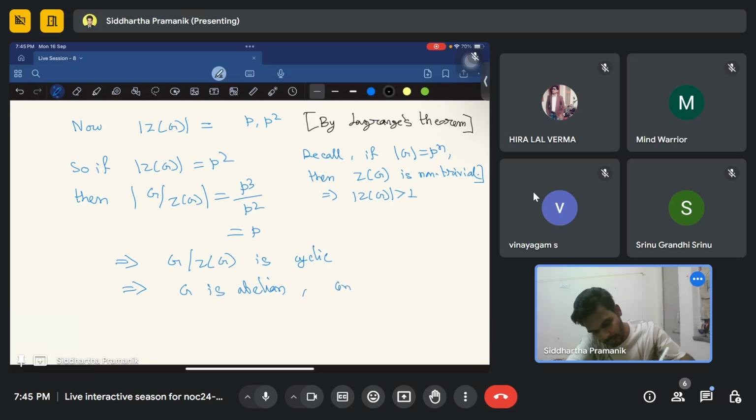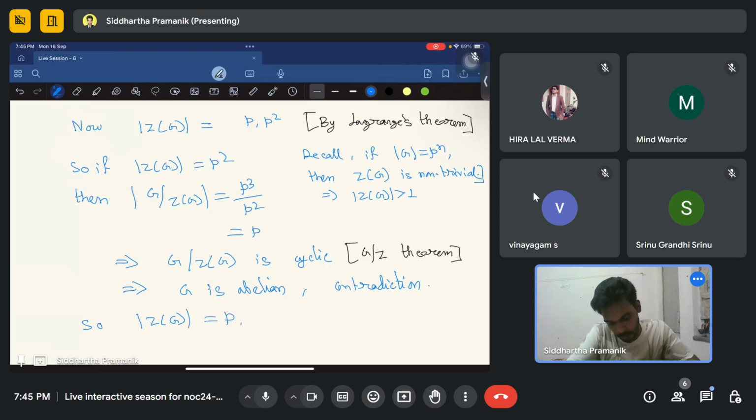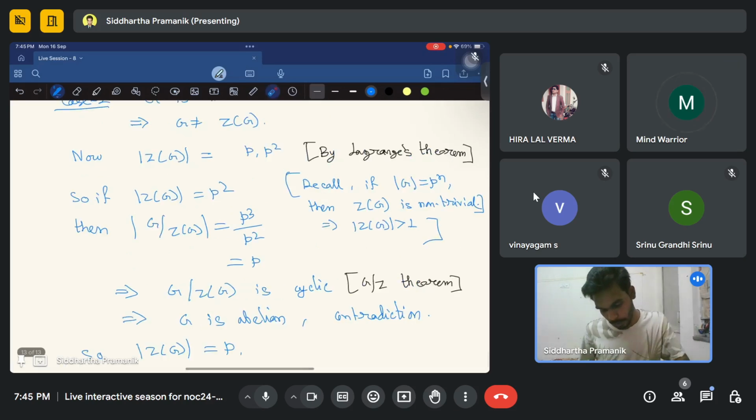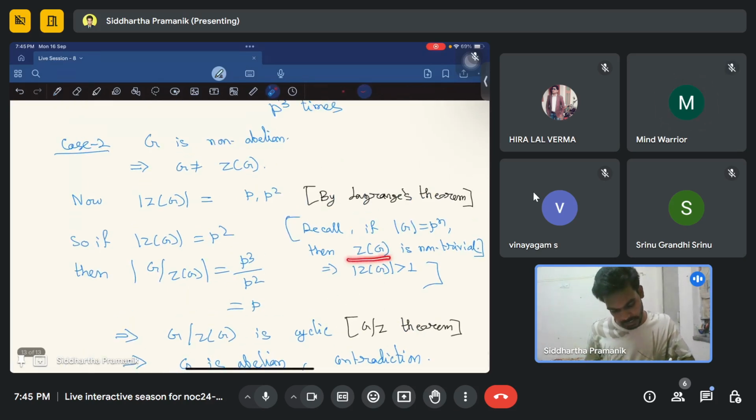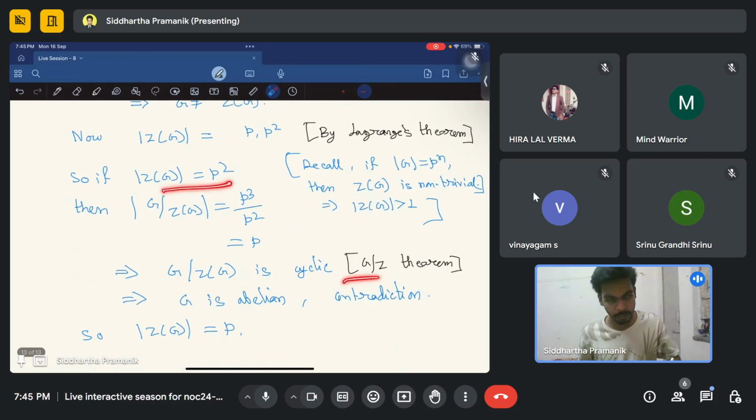So the order of Z(G) has to be equal to P. First of all, the order of Z(G) has to be greater than 1 because it is a P group. So we have only two possibilities, either P or P square. It cannot be P square by the G mod Z theorem.